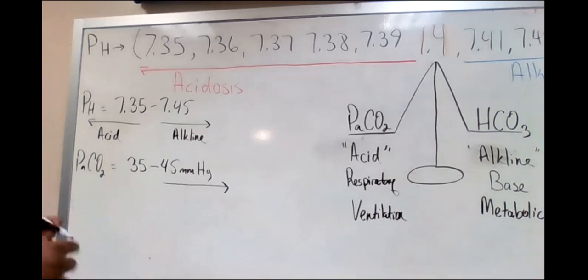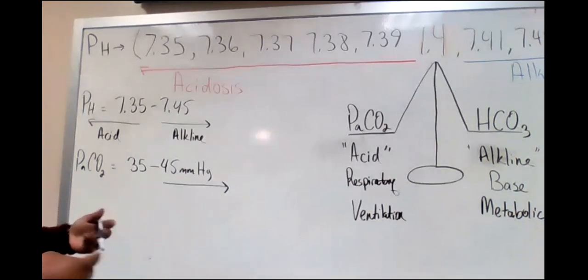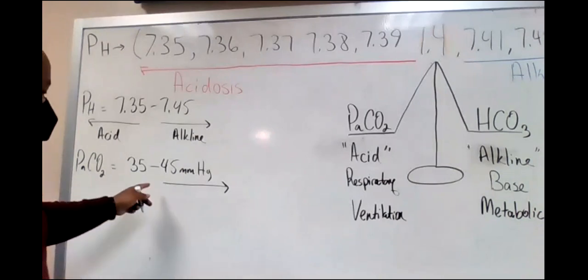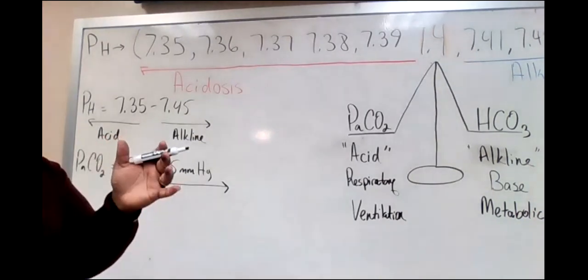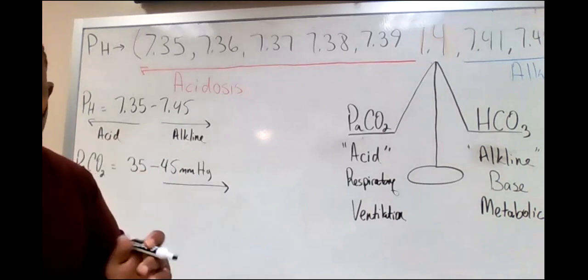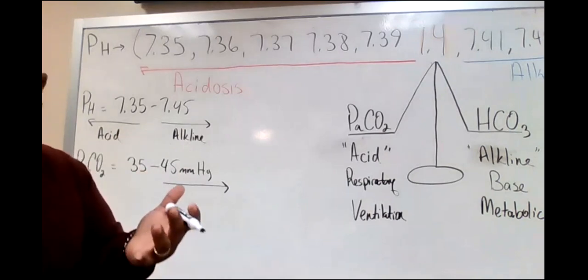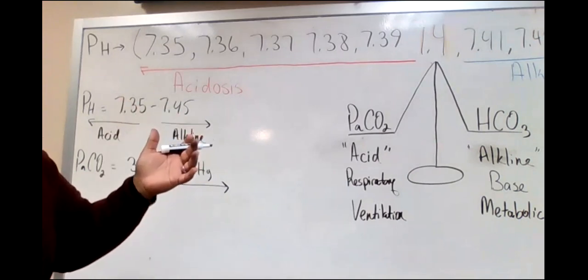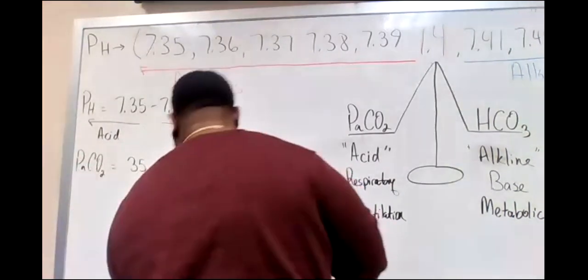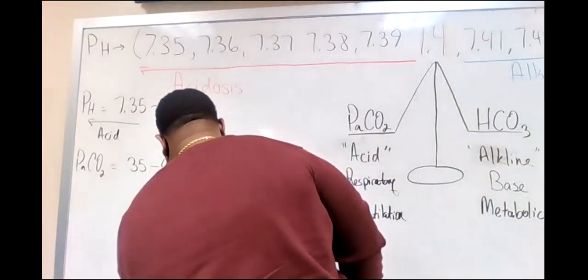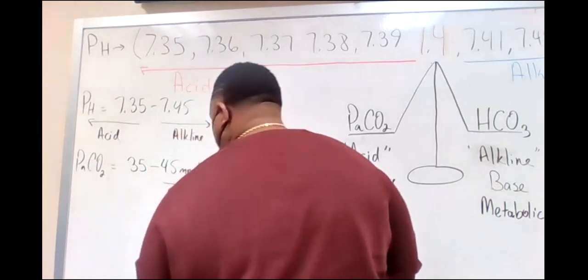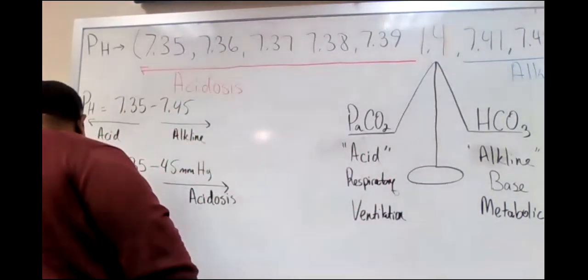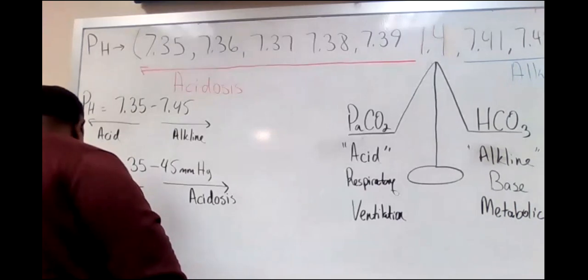Think about it. If you don't breathe, you start building up CO2. If you hypoventilate, you're not going to blow off enough, and you're going to start building up CO2, and CO2 is an acid. So going this way is acidosis. All right, and if it's less than 35, it's now going into alkalosis.